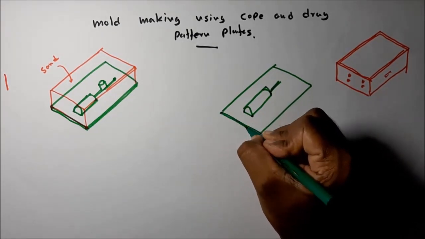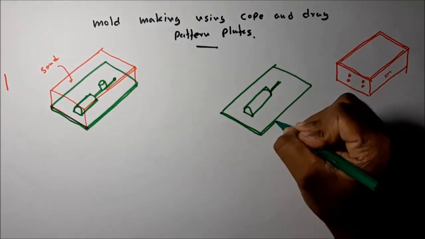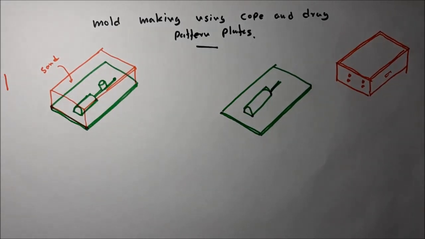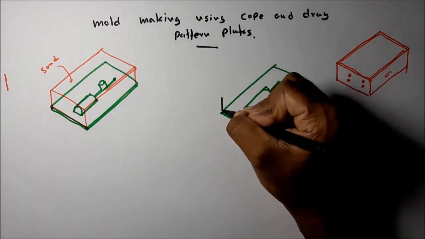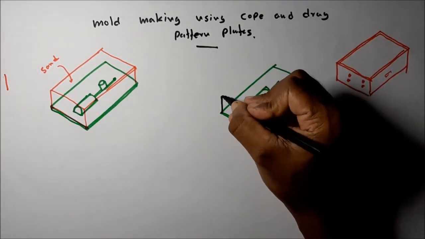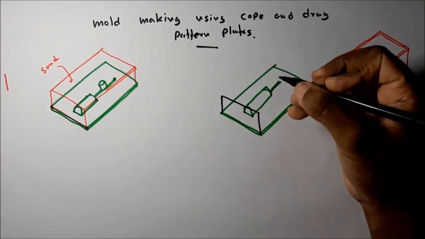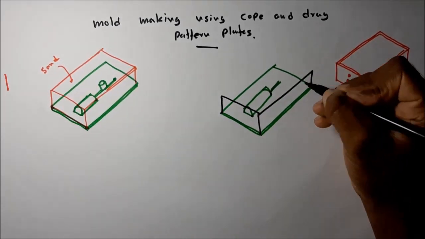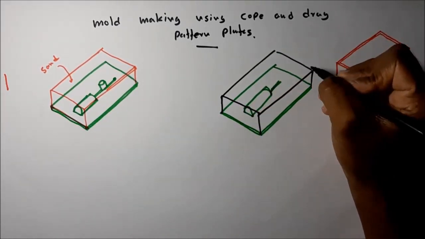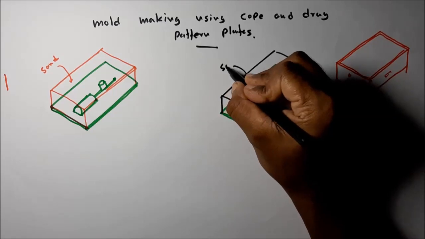Then by taking the drag flask, we put it on this drag pattern plate, the steel flask, and we compact the sand.